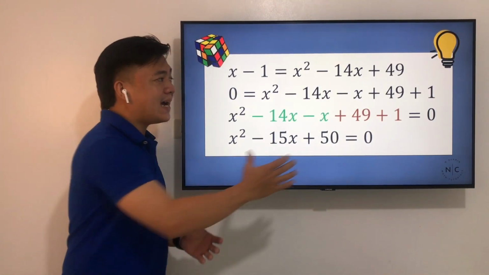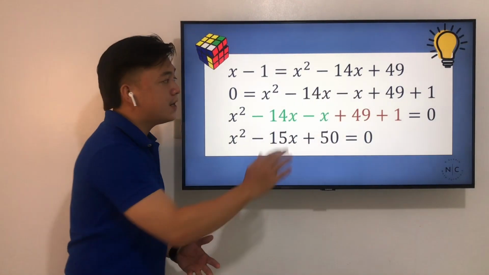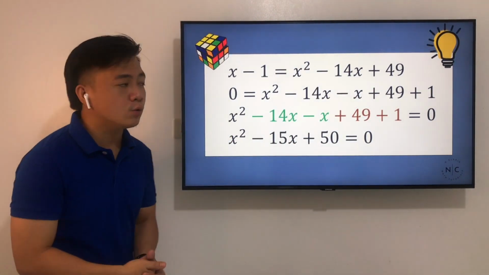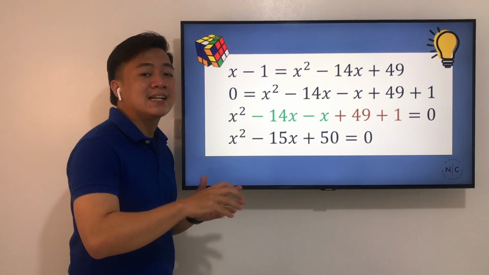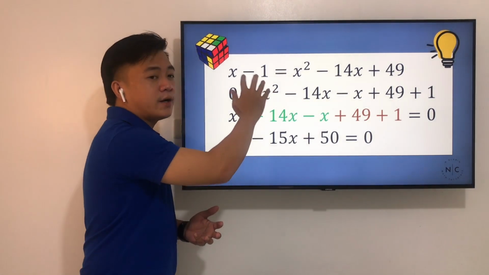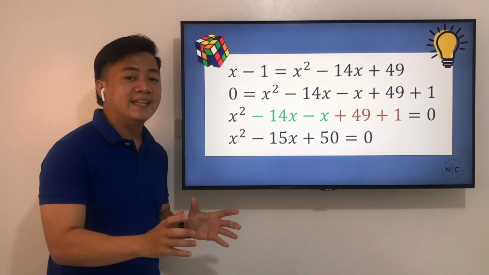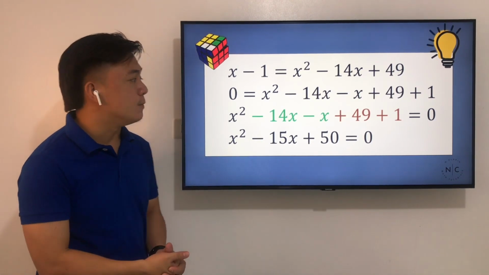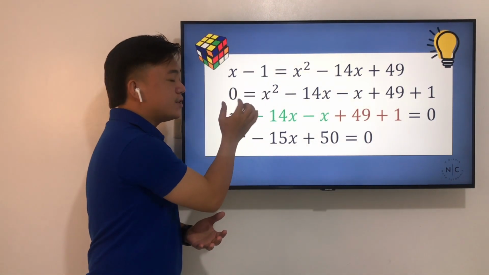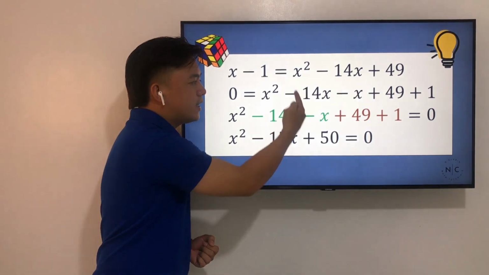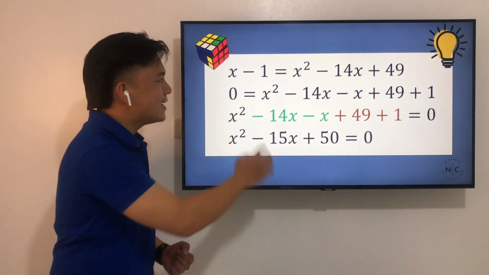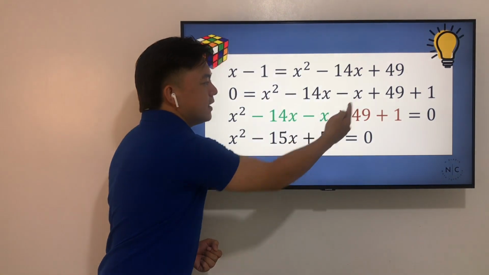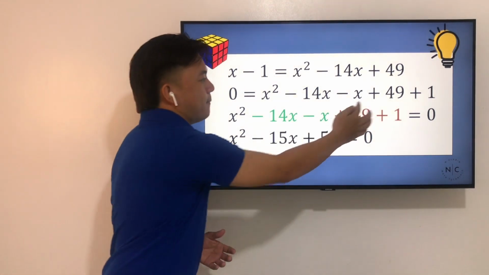Next step is, dahil quadratic equation yung nabuo natin, yung ating highest exponent is 2, pagsasama-samahin natin lahat sila. So, yung x minus 1 is itatranspose natin sa kabila. And then, we will combine like terms. So, mangyayari, ang maiiwan dito ay 0 na lang is equal to x squared minus 14x. And then, si x magiging negative, so minus x plus 49.